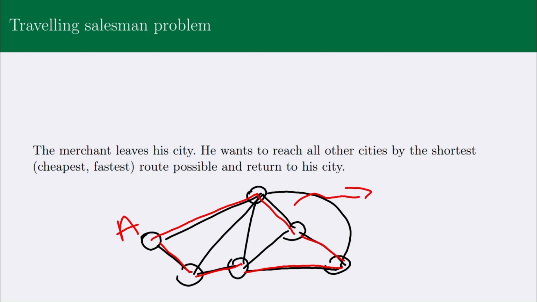This road traverses through all the vertices in the graph and comes back to the original vertex. So it's a closed trail that starts and ends at the same vertex and goes through each vertex in this graph. So it's a Hamiltonian circuit.